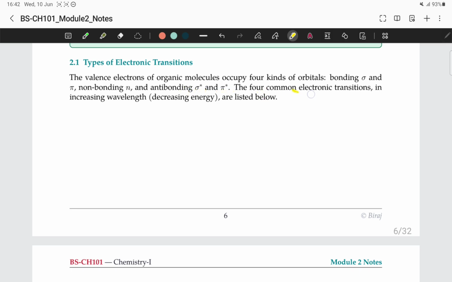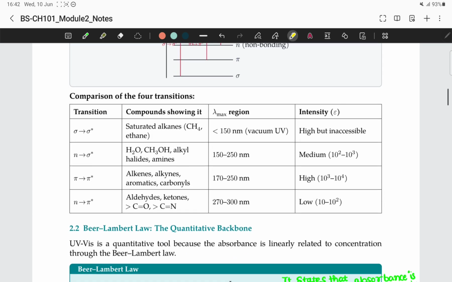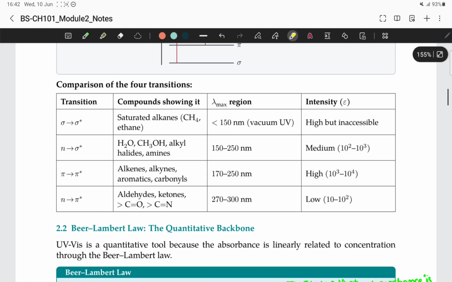The four common electronic transitions in increasing wavelength are listed below. This part is very important, so if you are not clear with what is happening, go through it once.